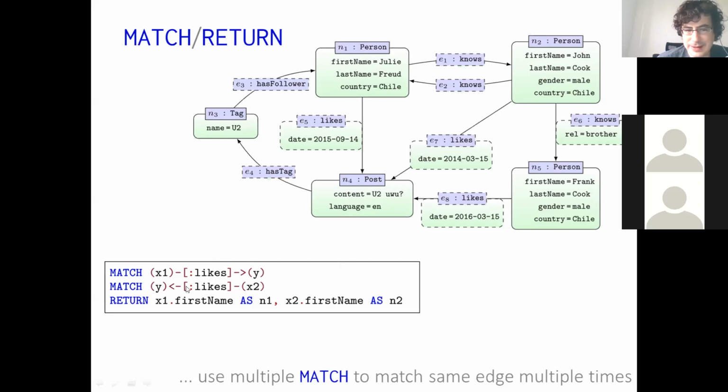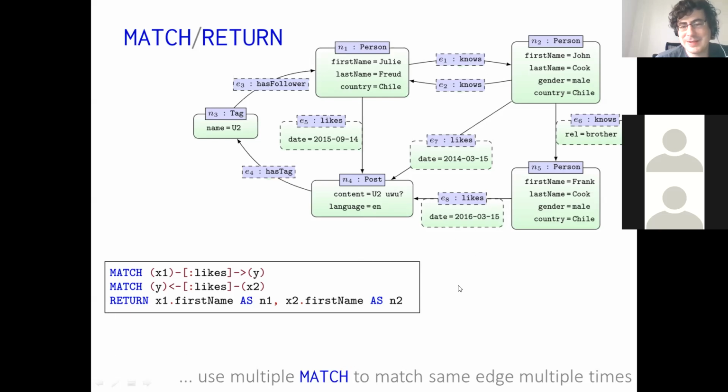Next, we have in the other direction, it's essentially the same query, we just drew it the other way. Things that like other things. So we would have N4 for Y, N1 for X2, N4 for Y, N2 for X2, N4 for Y, N5 for X2. And then when we join on this, on Y is always N4, right? So what would we expect as a result?